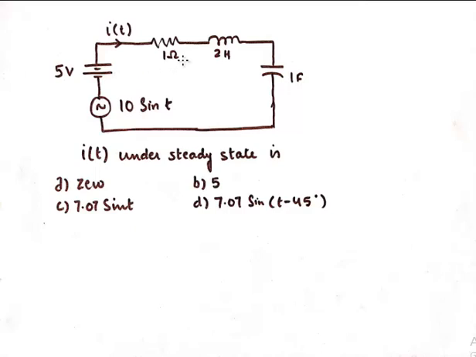The voltage source with the 5 volt DC will eventually give us a steady state current of 0.